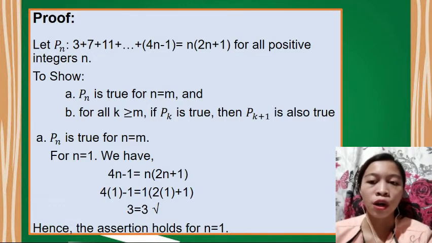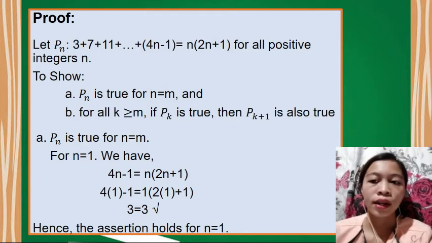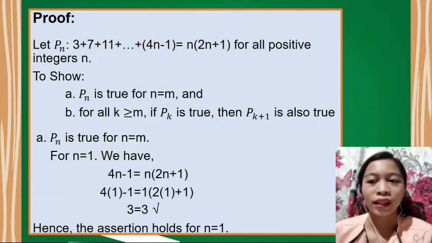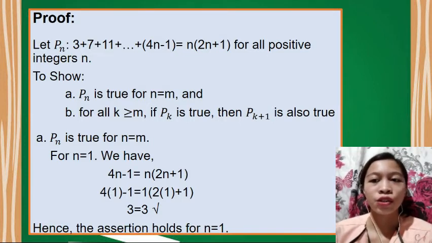So we have 4 times 1 minus 1 equals 1 times 2 times 1 plus 1. And the answer here is 3, and the other side, the answer is also 3. Hence, the assertion holds for n equals 1. So this is true. We already proved that P(n) is true for n equals m.